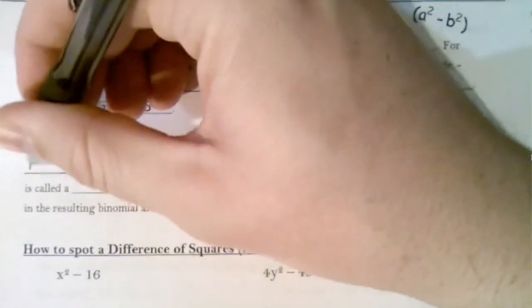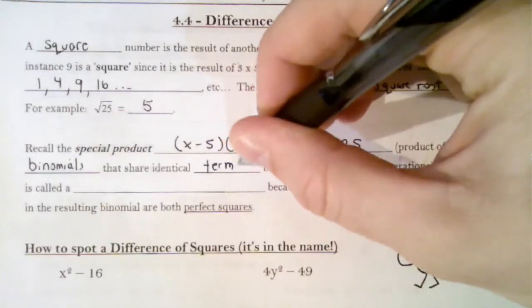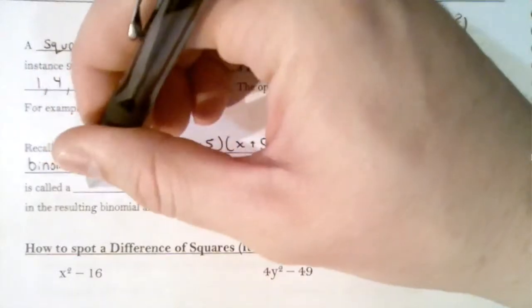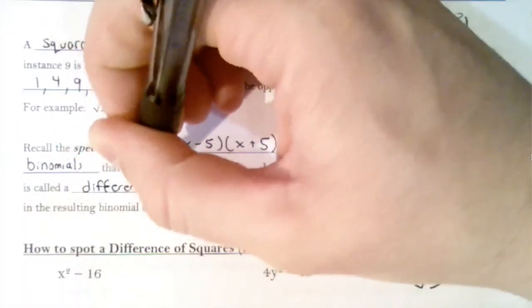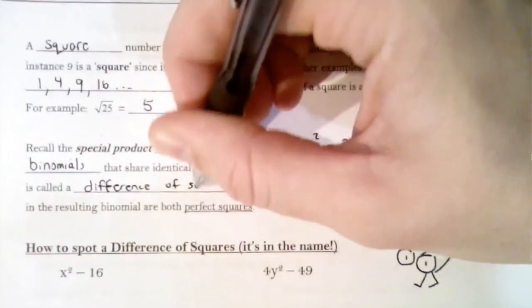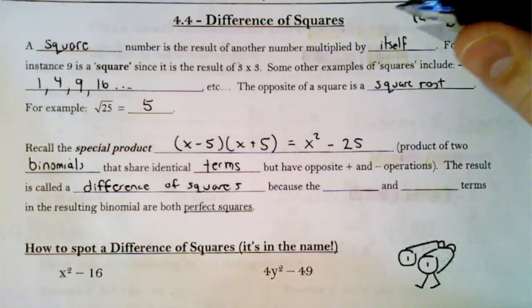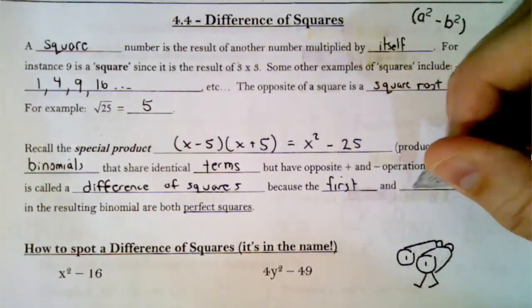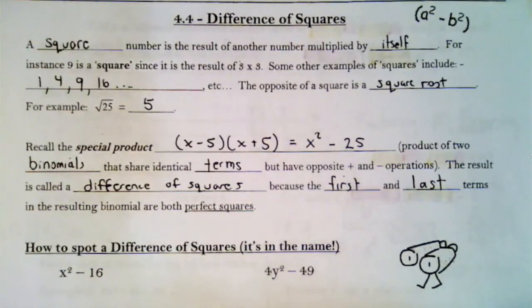So the product of two binomials that share identical terms but opposite signs, the result is called a difference of squares. And that's because the first and the last terms of the resulting binomial are both perfect squares.